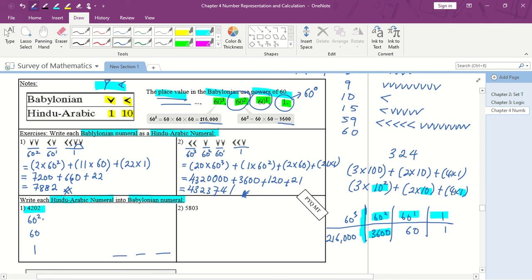Okay? So the first thing here that we need to identify is, is 60 square enough to cover this one? So in simple terms, just use 4202 divided by 3600. If you try in your calculator, 4202 divided by 3600, you get 1.167222222.